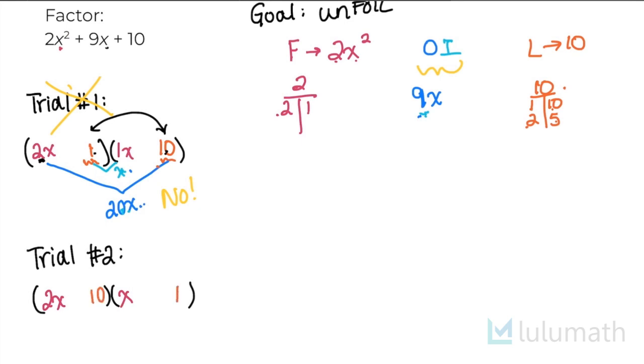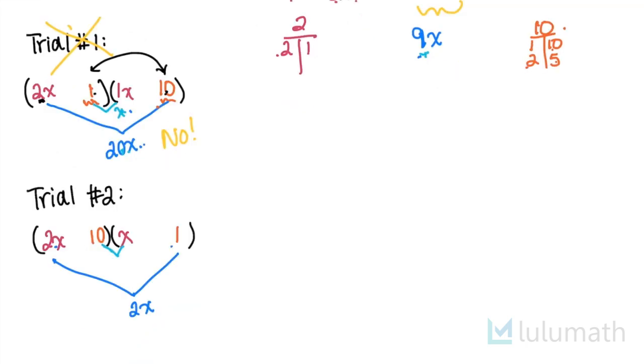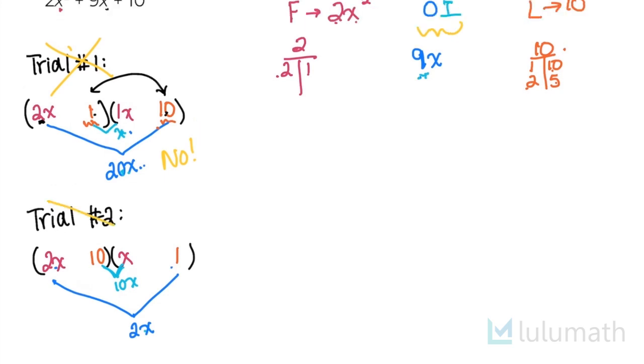So let's go ahead and do our outside. So our outside here, 2x times 1 gives us 2x, and our inner here, 10 times x, gives us 10x. And again, there's no way I can get a 9x from a 10x and a 2x. So that means trial number 2 also is not going to work for us.